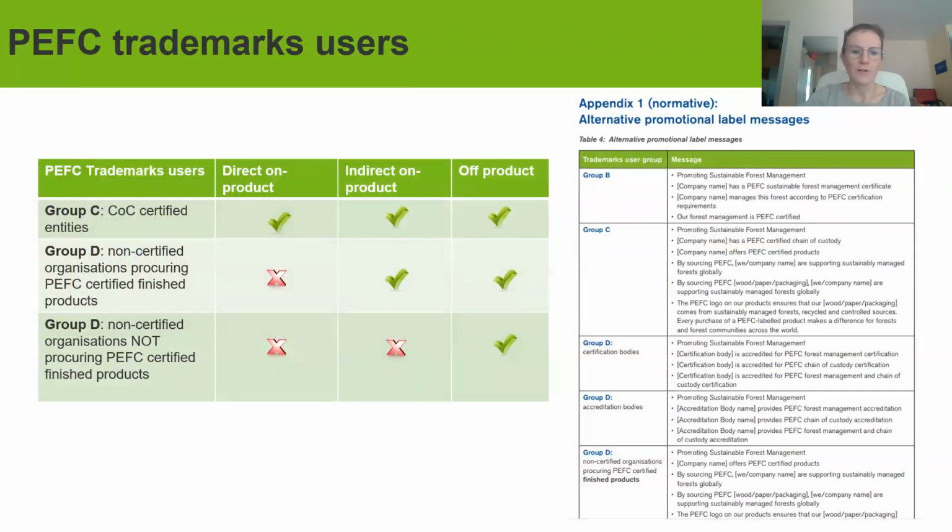So as you can see, Group C certified entities can use the PFC trademarks directly on the product, indirectly on media and marketing materials, and off product for promotional purposes.